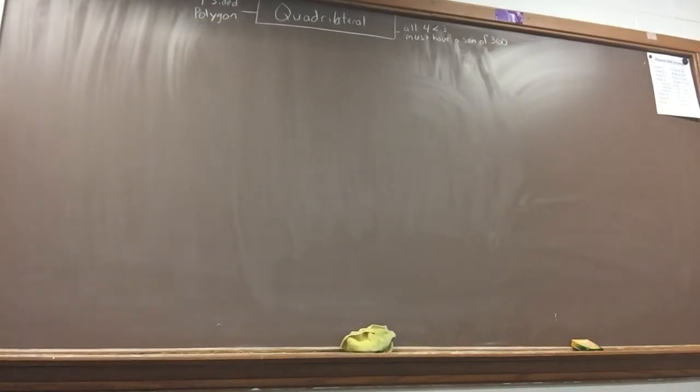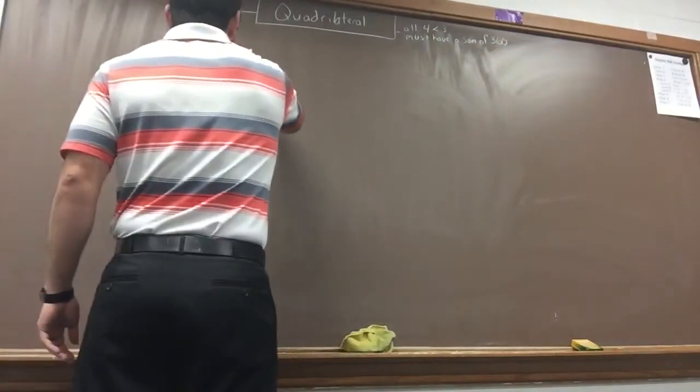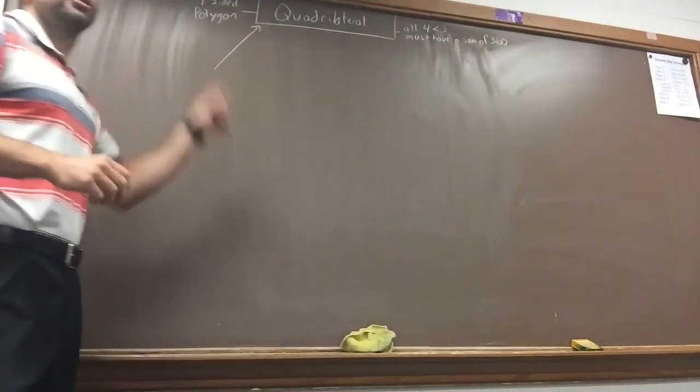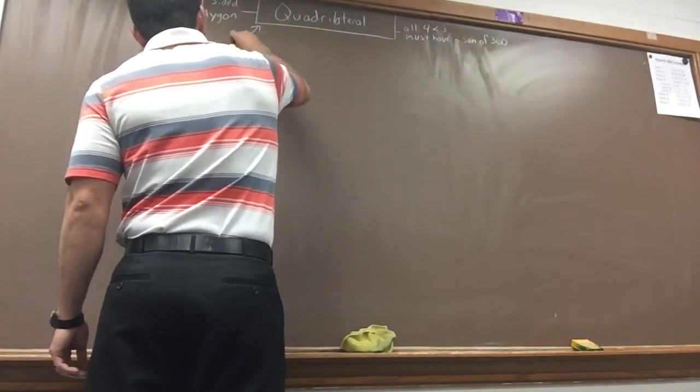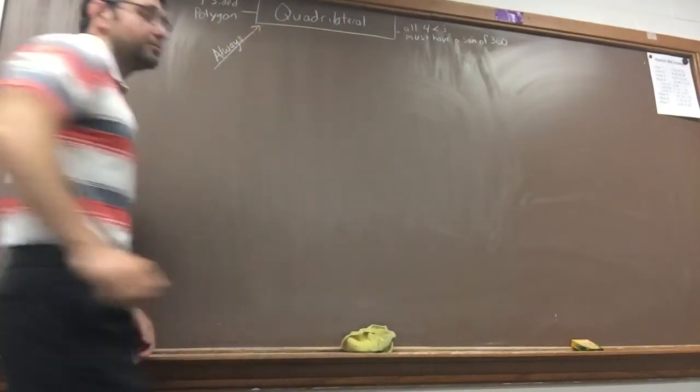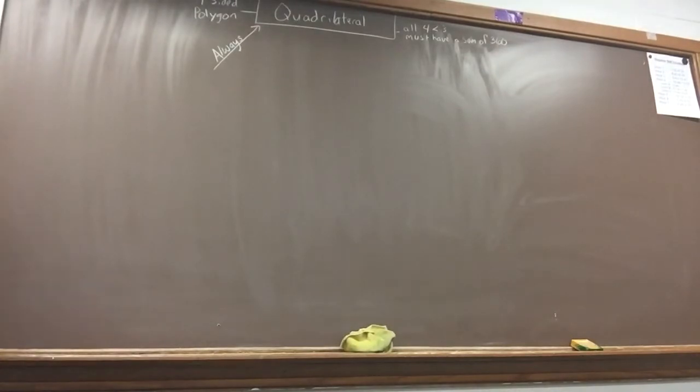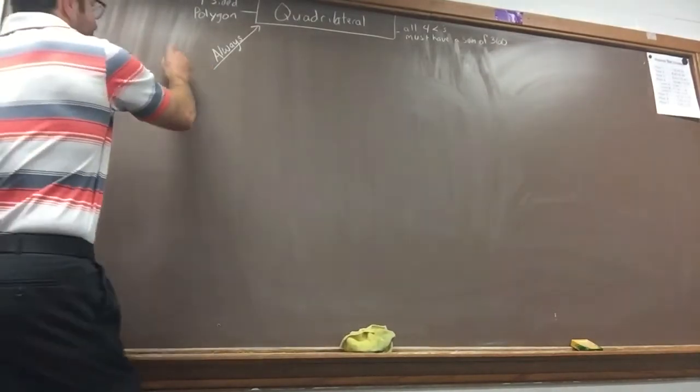Then we're going to add something to your flow chart. We had an arrow going up. I want you to write on this arrow always. So on the arrow that's going up, I want you to write the word always.